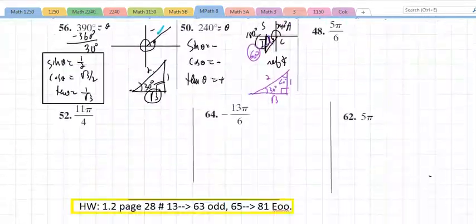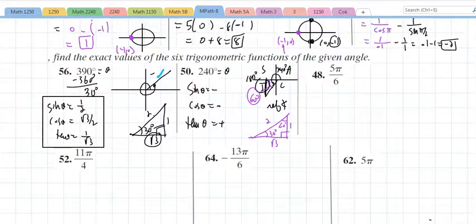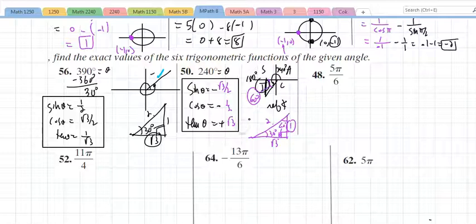Or I could use geometry, which is not in this book, but we covered it. I could say sine of 60 is the opposite over the hypotenuse. Cosine is the adjacent over the hypotenuse, and tangent is the opposite over the adjacent. I'm listing only 3 of those, assuming you could list the other 3 by taking the reciprocals.